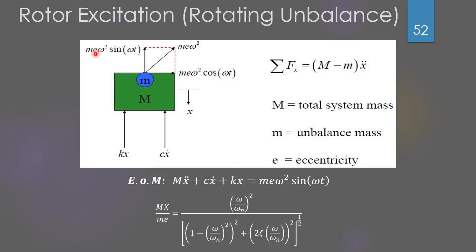And the e here is actually the eccentricity. If we get the equation of motion for this particular system and solve it, finally we're gonna get this form here, mx over me.